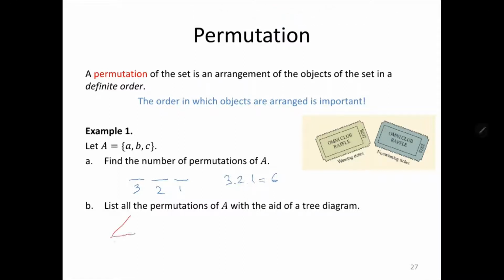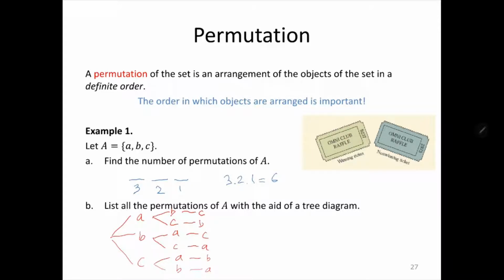There are three possibilities, A, B, and C. Because we already filled the first blank spot with A, the second blank spot can only be filled with either B or C. Similarly here, either A or C, and here, either A or B. And because we have already used two letters, the only possibility left is the remaining one: C, then B, then C, then A, then B, then A.